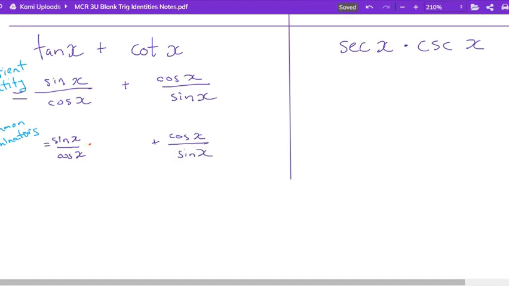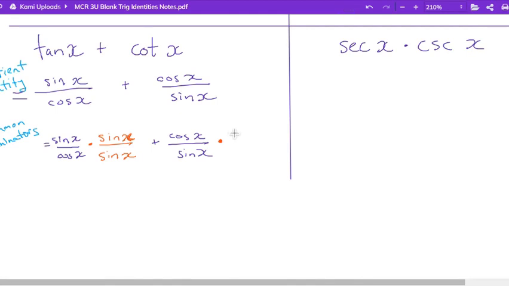Okay, what do I multiply this first ratio by? No, I multiply by sine x over sine x, right? I multiply by the denominator of the other fraction. And what do I multiply the second rational expression by? You multiply by the numerator or the denominator?